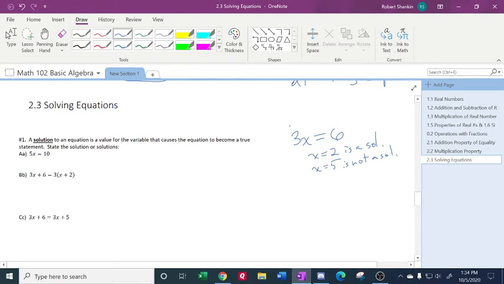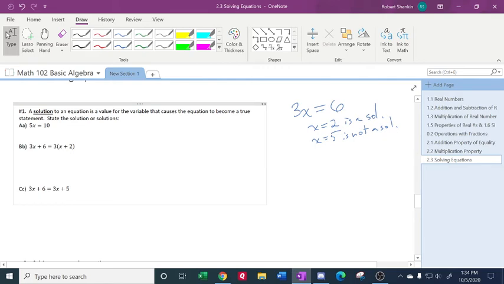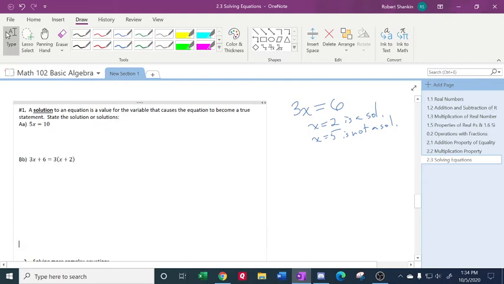All right, now, A is really simple. You can look at it, state the solution. But starting with B, it gets a little complex. So, let me have you do A and B. We'll get to C in a minute.